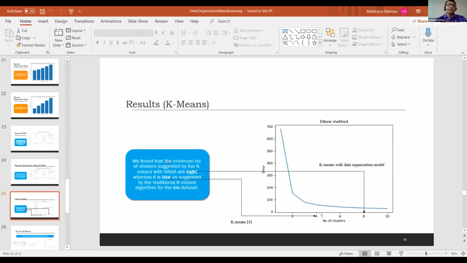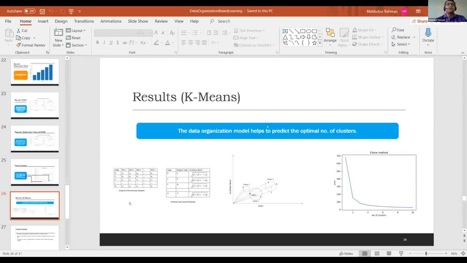So in this way, this data organization model can help to predict the optimal number of clusters initially just by the organization of the data.